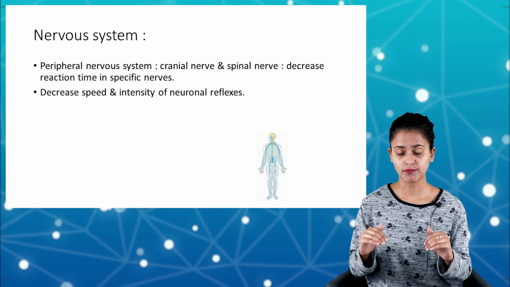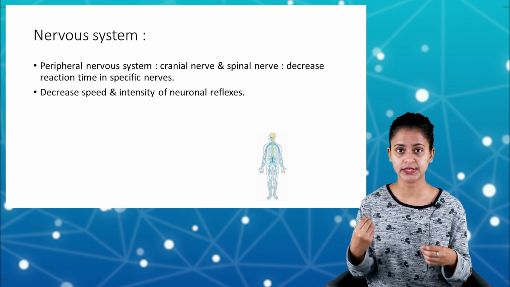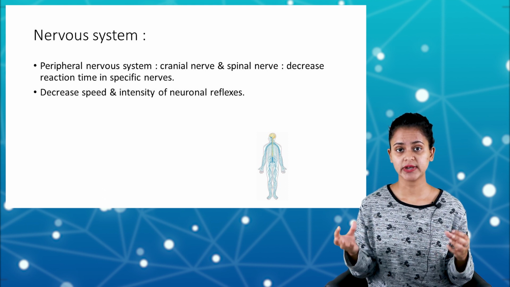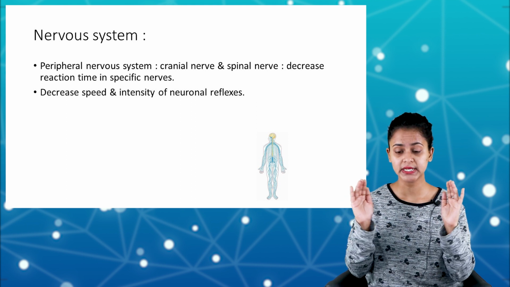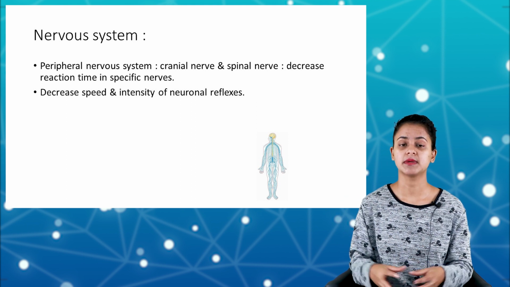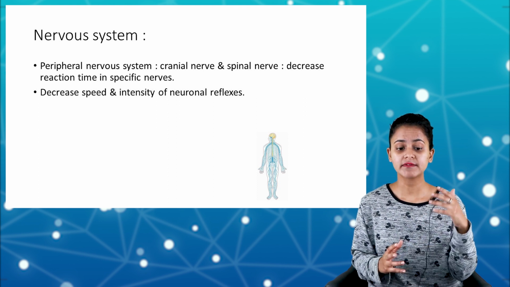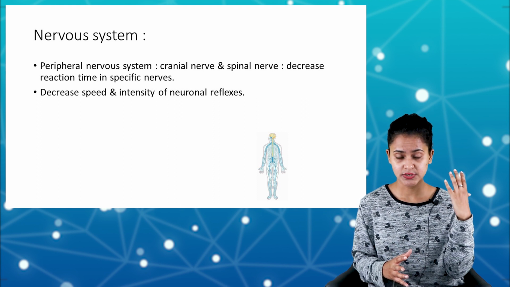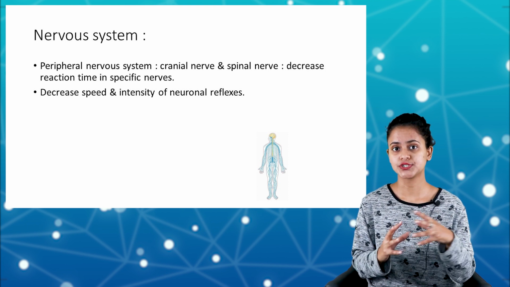The peripheral nervous system will often be altered in the individual with the aging process. We are going to see the cranial nerves and the peripheral nerves showing decreased reaction time in specific areas or in specific scenarios. There will definitely be a decreased level of speed and intensity of the activity of the individual.